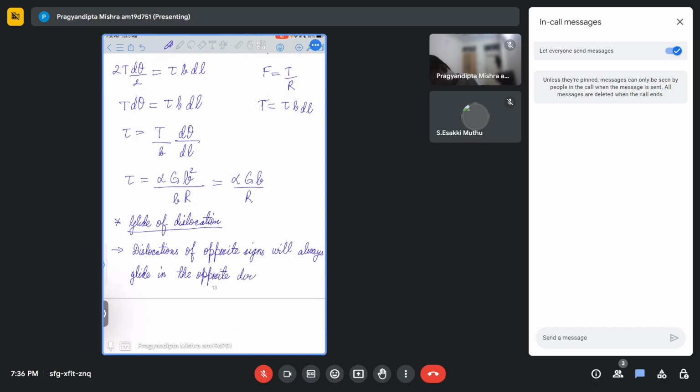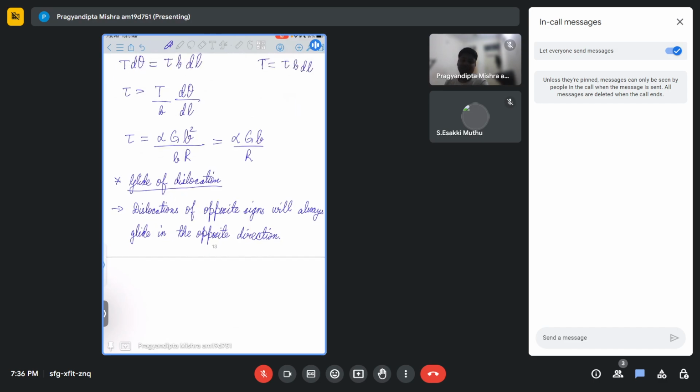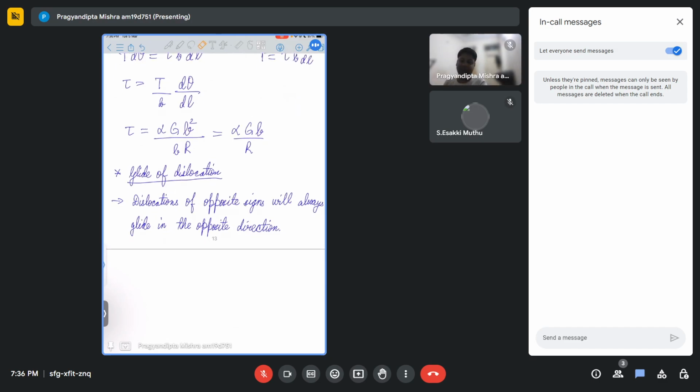So this you can remember. If dislocations are of opposite sign, they will always glide in the opposite direction.